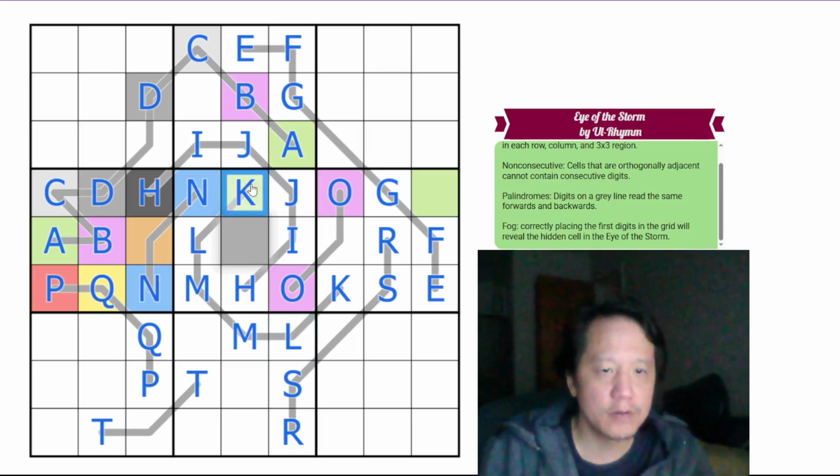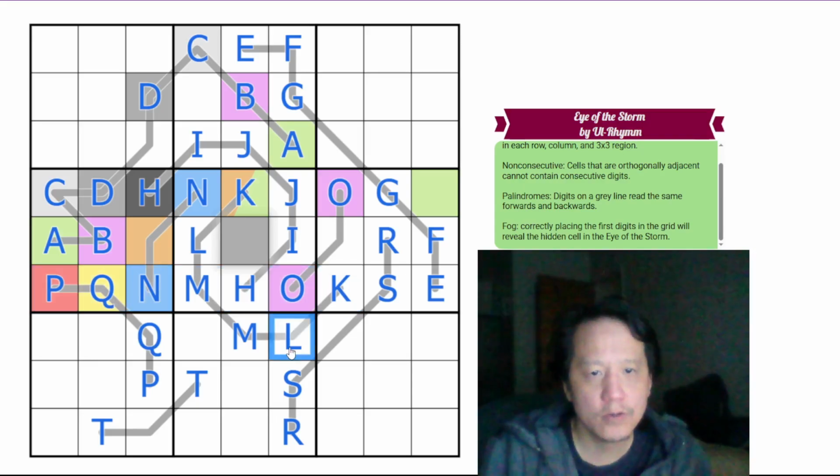This cell cannot be blue, yellow, or red. So it's green or orange here, because we see K here. G could be orange. So we have P, Q, and N. So this is yellow.